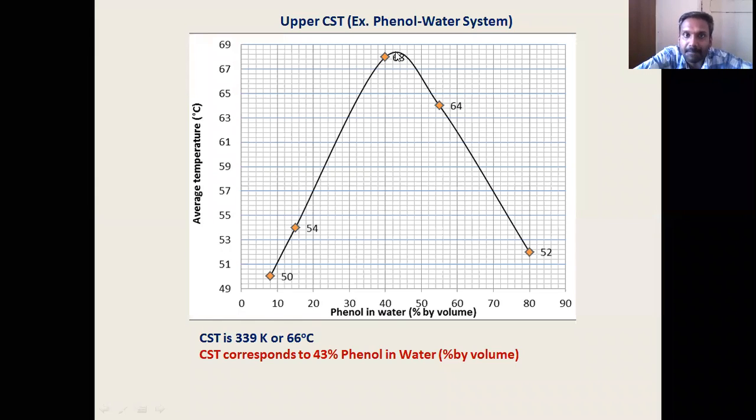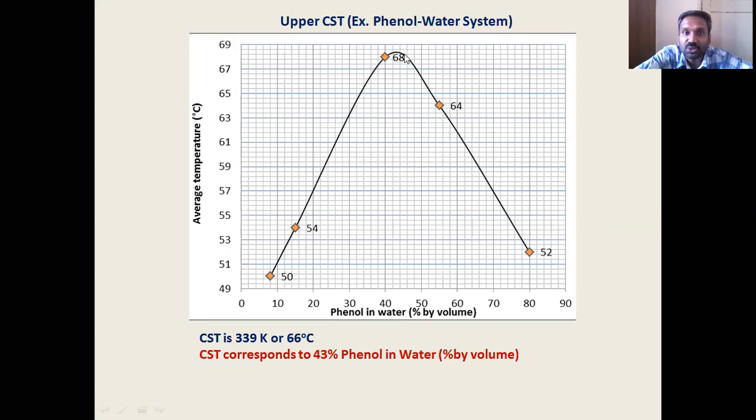After this composition, when you increase the phenol, the miscibility temperature starts decreasing. So the graph looks like an inverted parabola, is it not? It has a maximum point value of temperature. This maximum value of temperature is called the critical solution temperature.